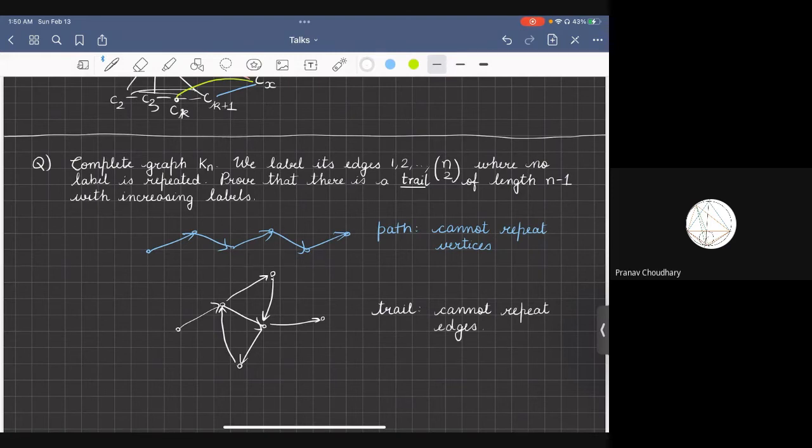And then there's a more general version where we can repeat edges as well, which is called a walk. So we need to show that there's a trail of length n minus 1 with increasing labels. The edges are already labeled. We have to prove that no matter how they are labeled, it holds. Yes.